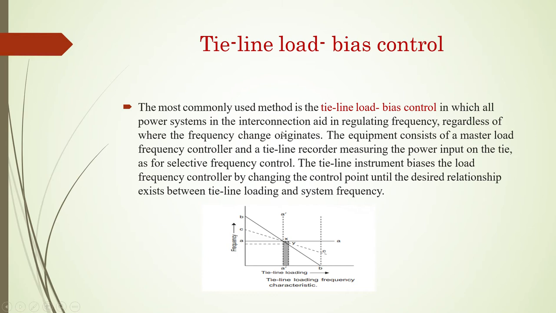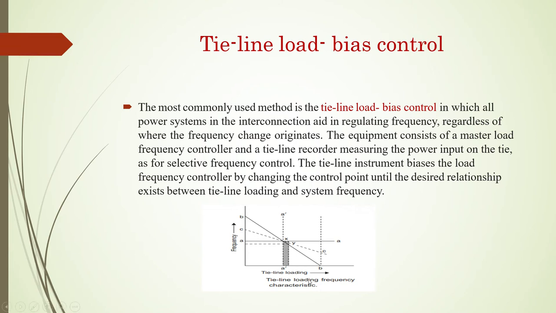The equipment consists of a master load frequency controller and a tie line recorder measuring the power input on the tie. The tie line instrument biases the load frequency controller by changing the control point until the desired relationship exists between tie line loading and system frequency.